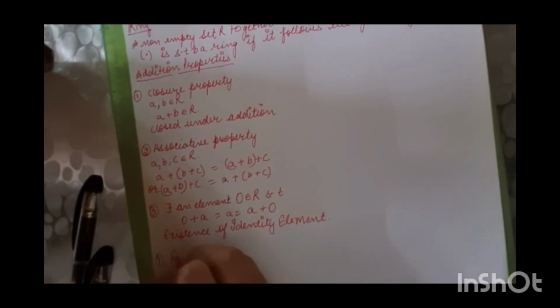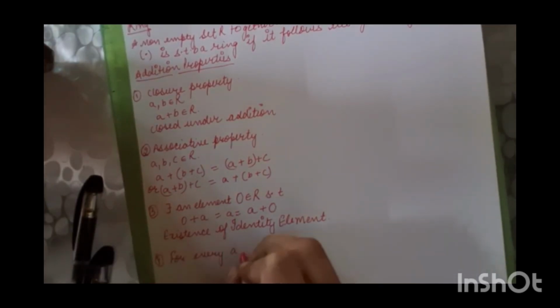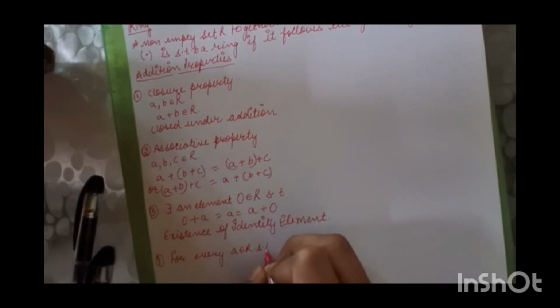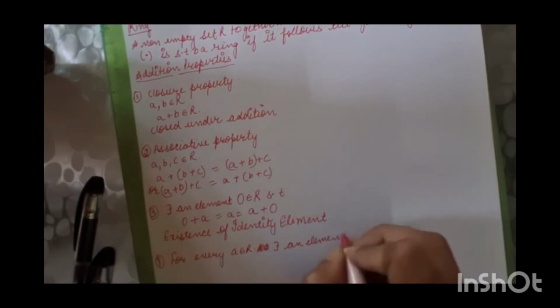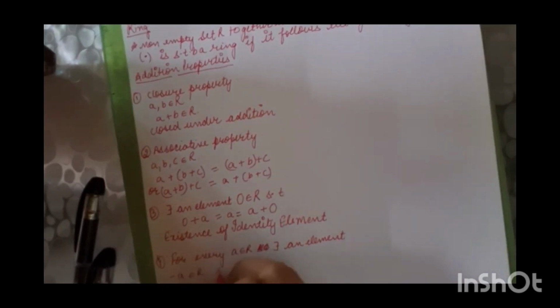Now for the fourth property, what we say is that for every a belonging to R, there exists an element minus a belonging to R, such that their addition gives 0.